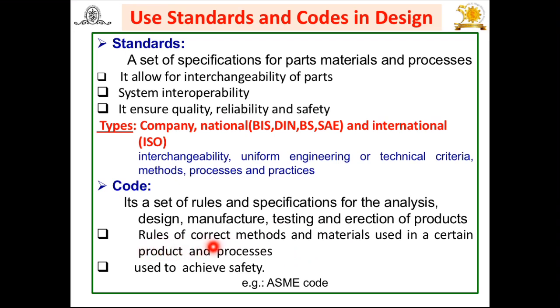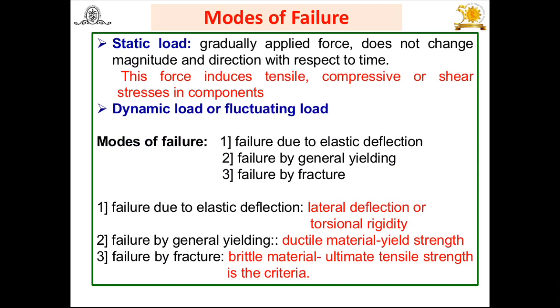Then rules of correct methods and materials also come under these codes, which are used in certain products and processes to achieve safety. That is the most important one, safety. Again, different codes are given, for example in boiler design you will find different codes available. Example is the ASME code.